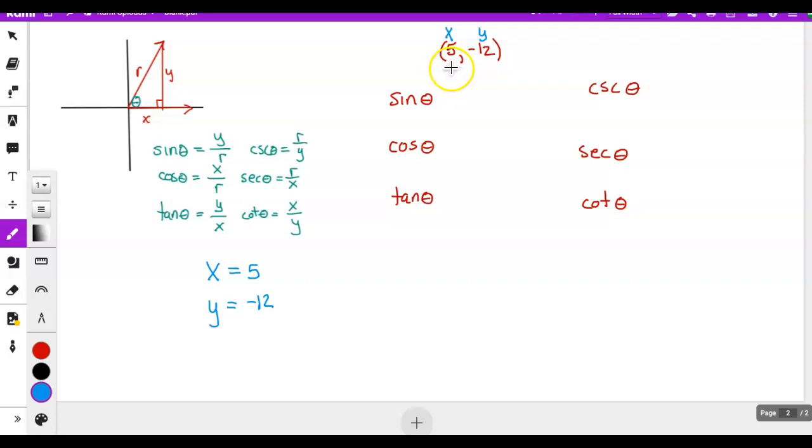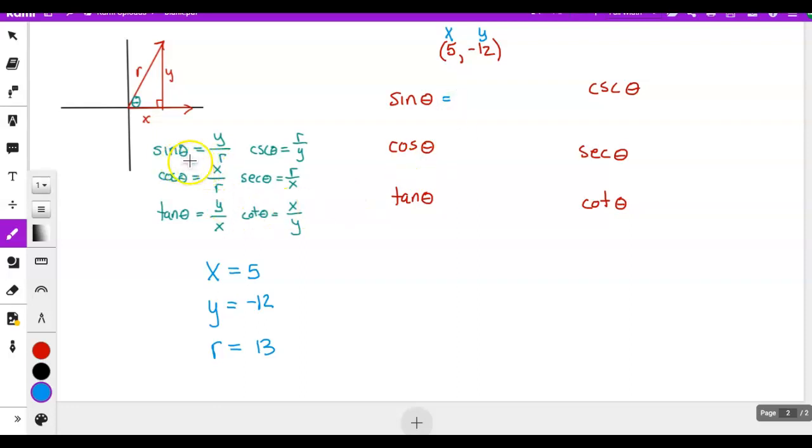But for right now, if you did the Pythagorean theorem, r would be 13. Okay? And again, I know that because 5, 12, 13 is a Pythagorean triple. And if you didn't know that, you would just do the Pythagorean theorem. But like I said, there's like 4 triples I told the kids to memorize, and I'll write those down for you. But like, see, now I didn't have to draw anything.